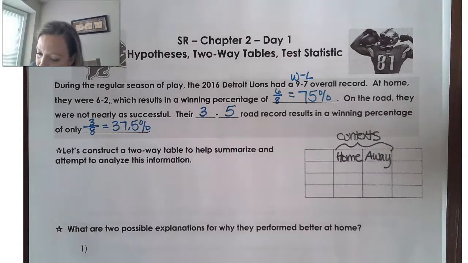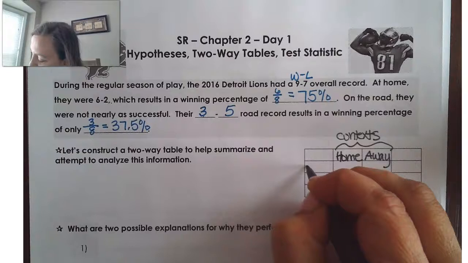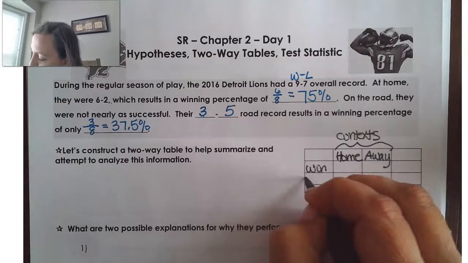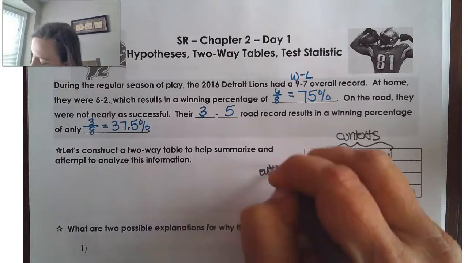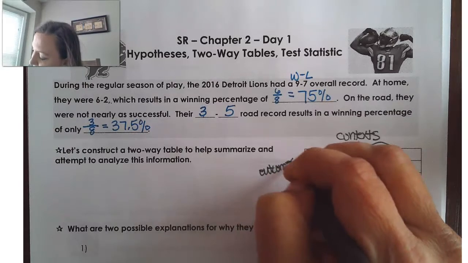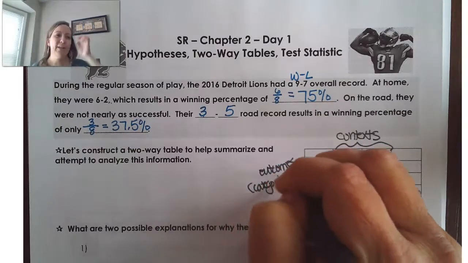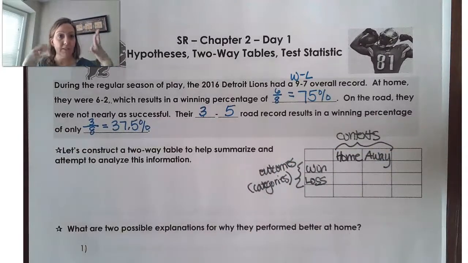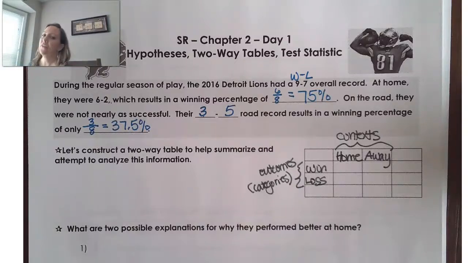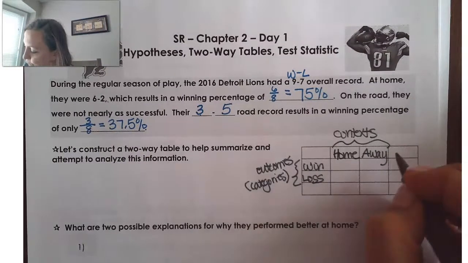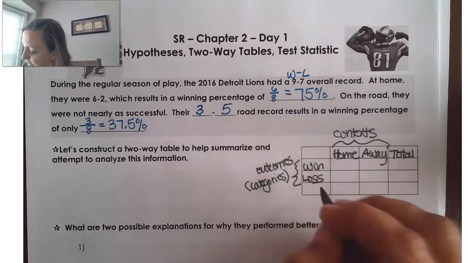And then the rows I like to have as the outcomes, or the categories. In this case, it's win versus loss. And a lot of times what you'll find is that our categories are going to be success versus failure. So what's the extra column and row here? Well, that's going to be for our total of each.